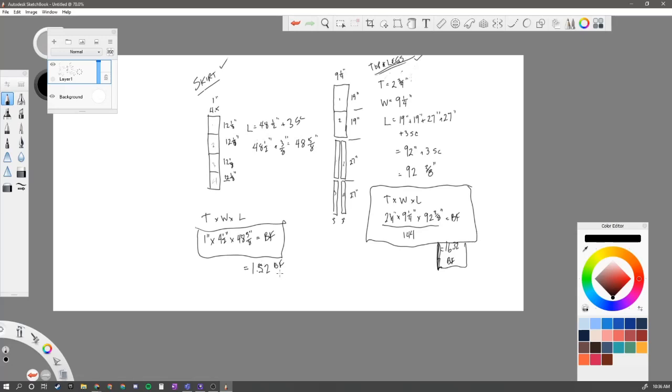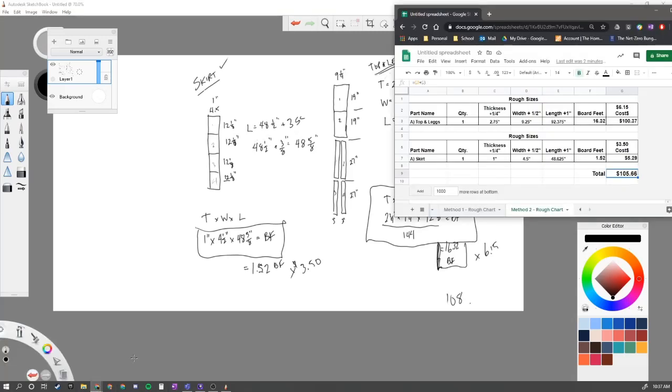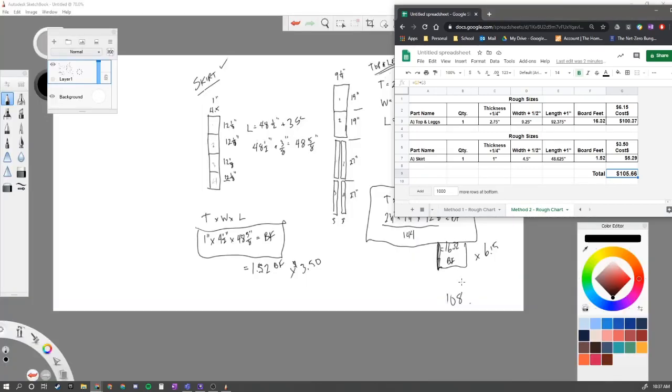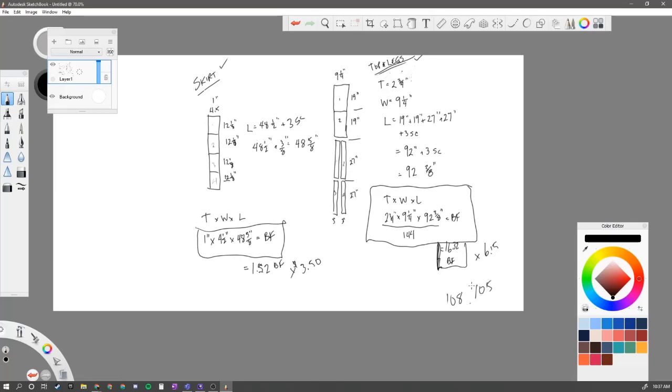And then from there we can multiply it by, in this case, the 350, and in this case, the 615, and get our total cost of $108 and something cents. Or $105.66. This should be $105.66. Ignore that.